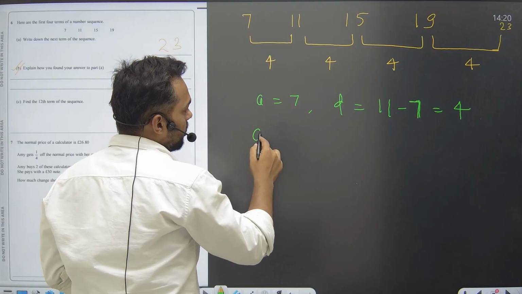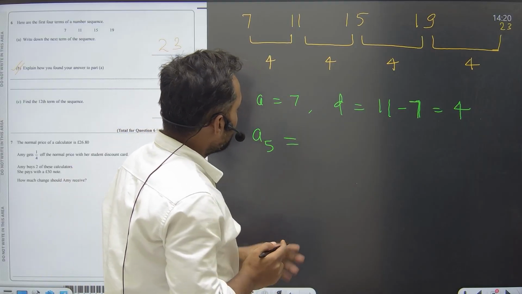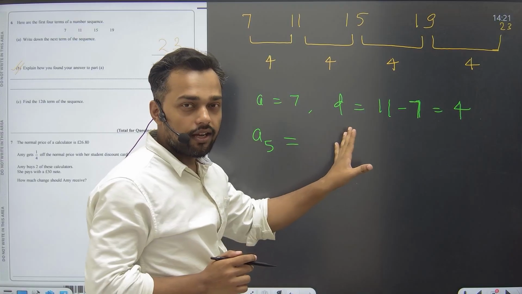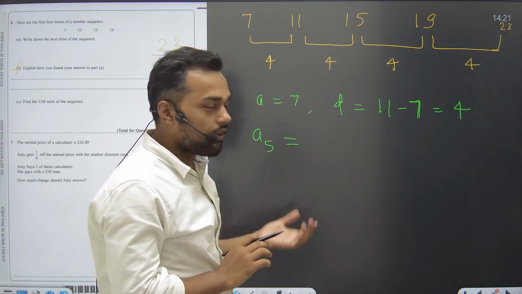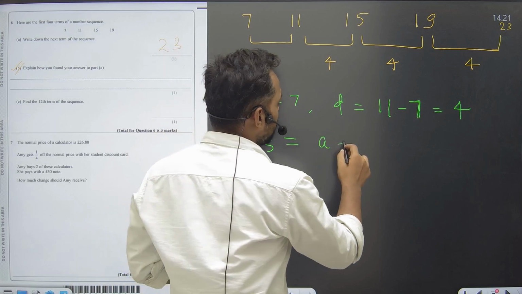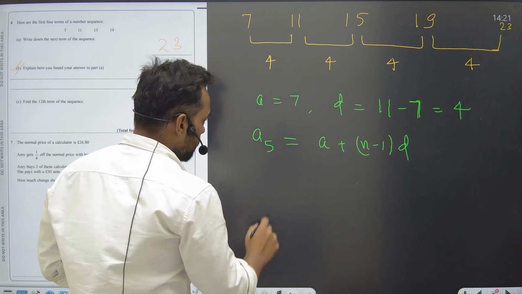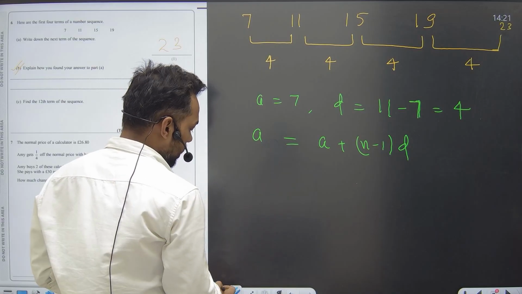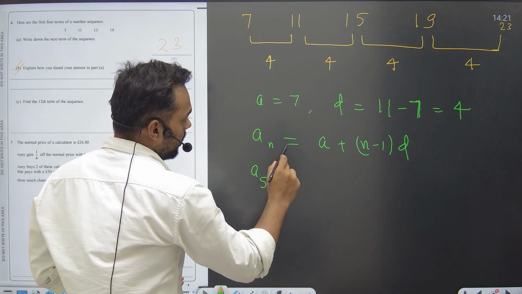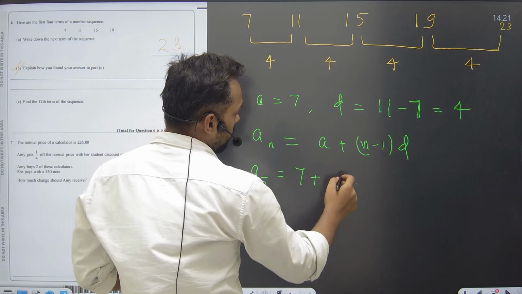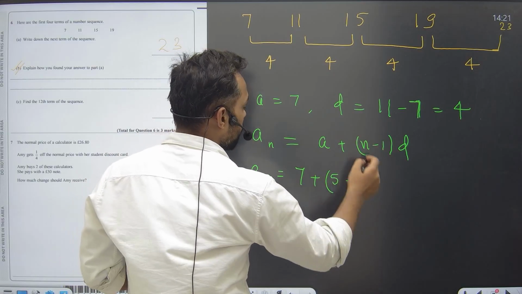So we will be writing A5 equals, this is the formula of arithmetic progression because the difference here is constant. So A5 will be given by a plus (n minus 1) cross d. This is the general formula of an. So for the fifth term, a will be 7, n will be plugged in as 5, so it will be 5 minus 1, d was 4.